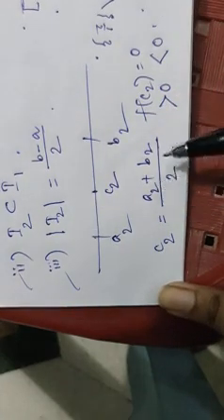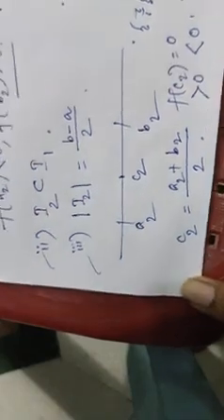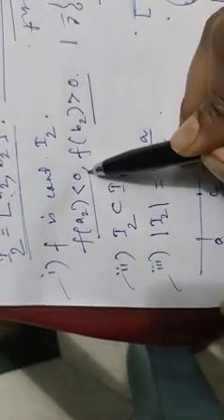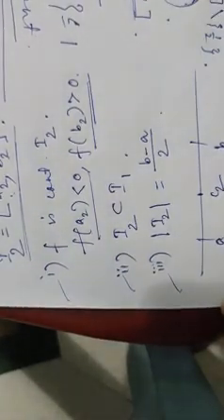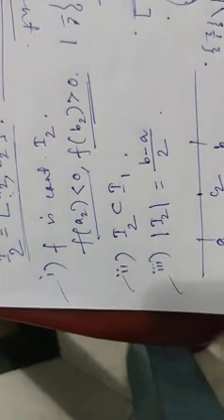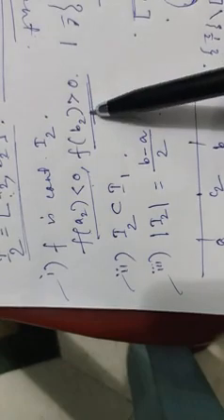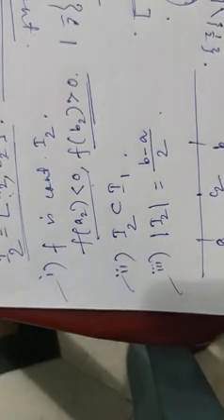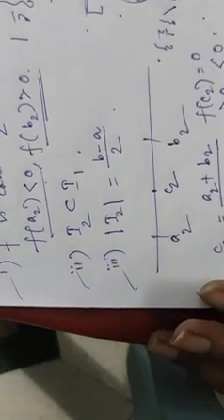And we have already chosen the case where f of A2 is less than 0 and f of B2 is greater than 0. You can take the other option also, that is f of A2 greater than 0 and f of B2 less than 0. I am choosing it here just for generality.